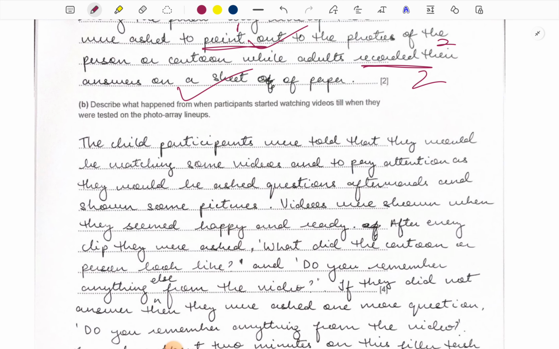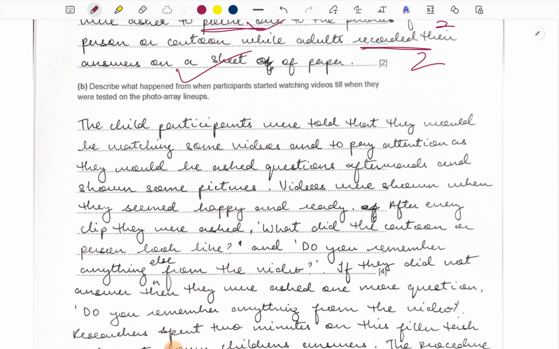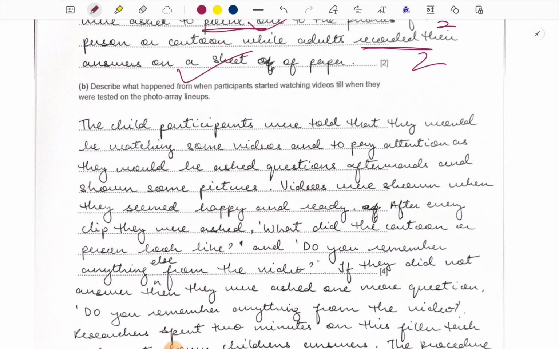The next is a very descriptive question, the procedure type, which you can really just learn from the textbook and write. What is important, like what I can suggest in terms of tips for writing these type of answers which have to do with any of the procedures. First of all, read the question very carefully.